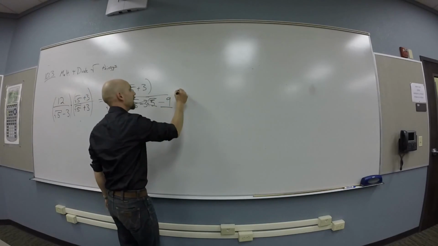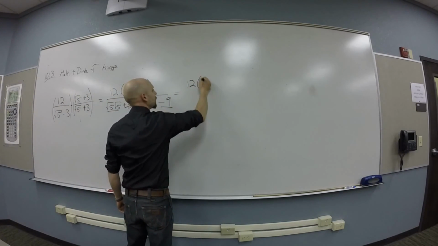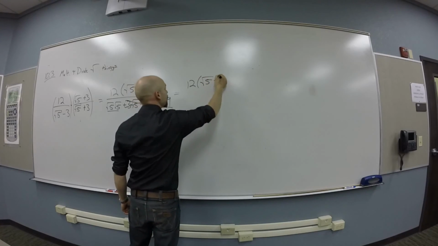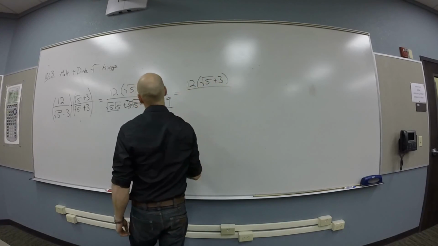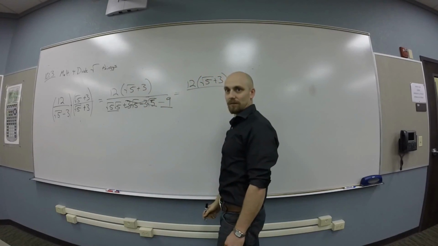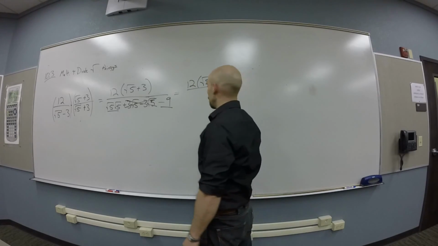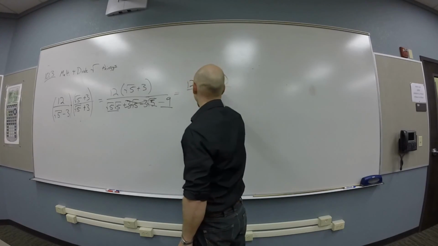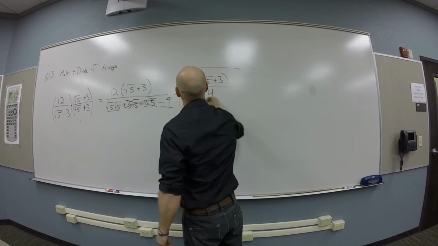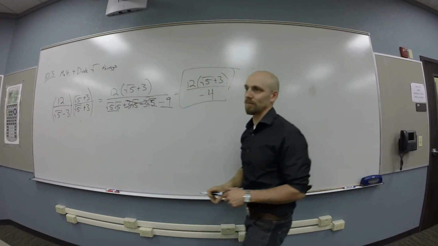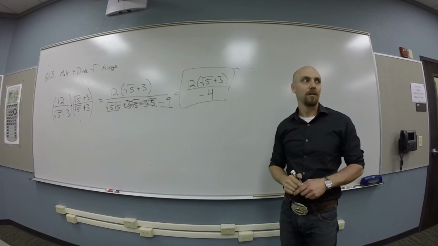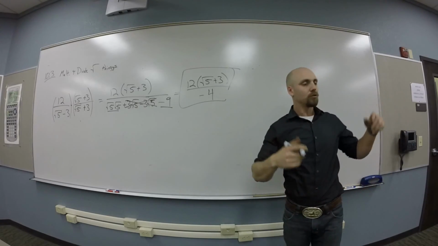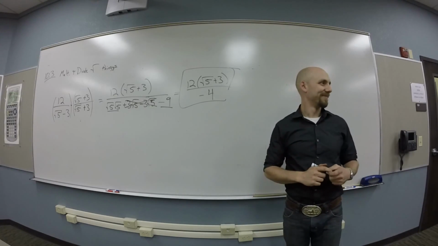In this case, 5 minus 9. 12 times root 5 plus 3 over, what's 5 minus 9? Negative 4. You guys see that?